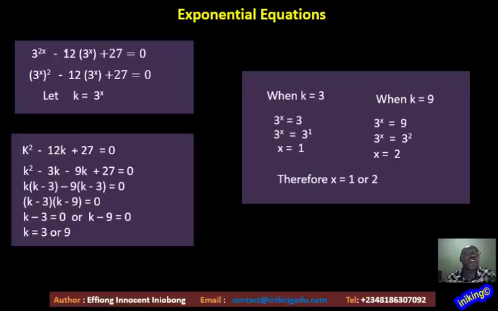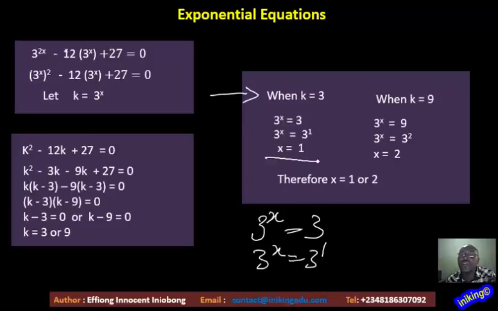So we see here, when k is 3, what is x? We say, okay, k is 3. That means 3 raised to the power x is 3. Solve this simple exponential equation. We know that means 3 raised to the power x is equal to 3 raised to the power 1. So our x is 1. Similarly, on this other side, when k is now 9, that means 3 raised to the power x equals 9.